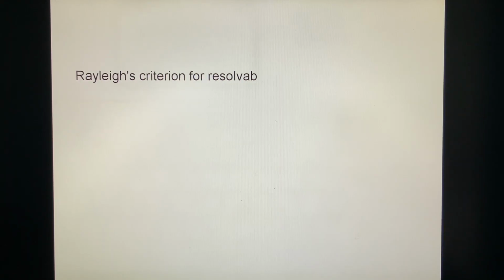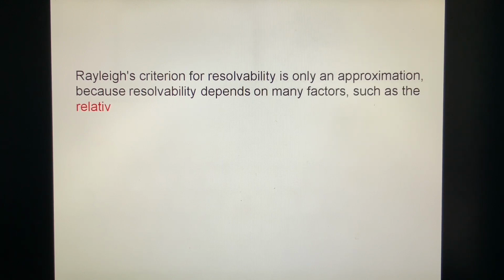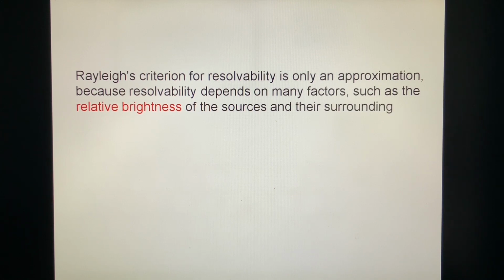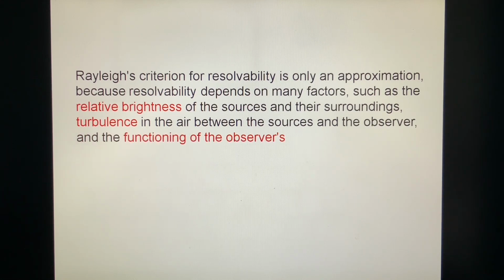Rayleigh's criteria for resolvability is only an approximation because resolvability depends on many factors such as the relative brightness of the sources and their surroundings, turbulence in the air between the sources and the observer, and the functioning of the observer's visual system.